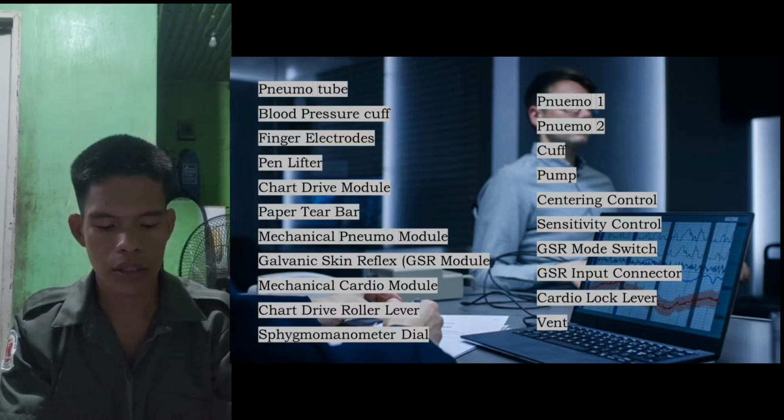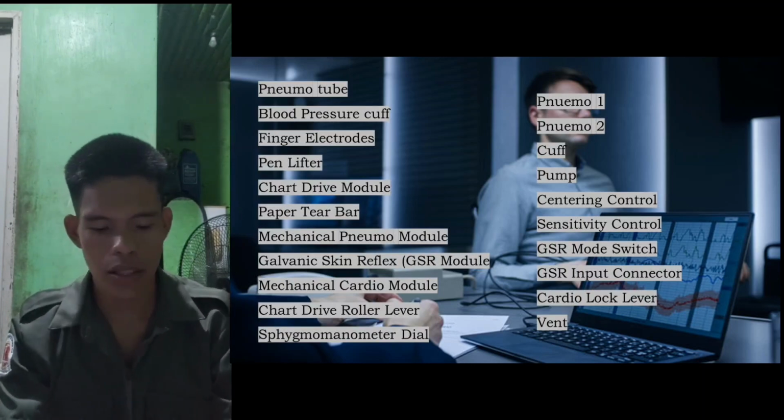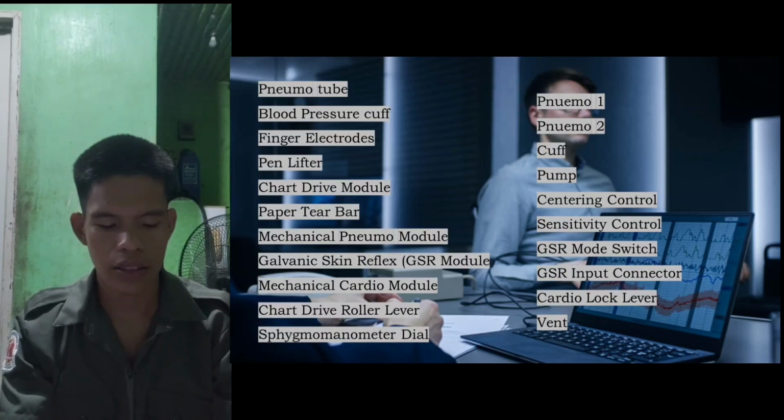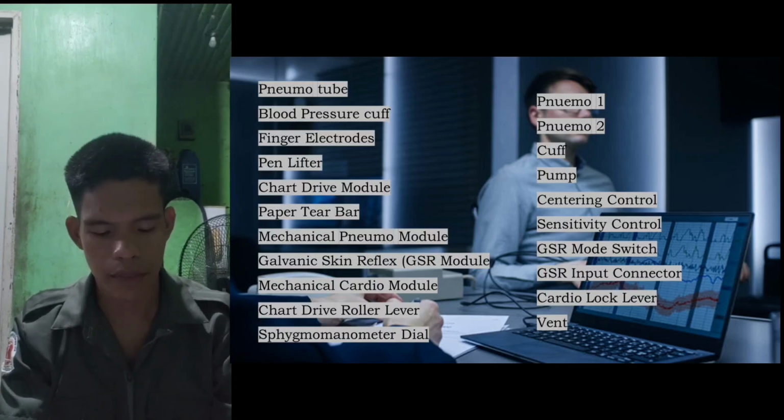Centering control. Positions pen on chart. Rotating clockwise raises the pen while counterclockwise rotation lowers it. Operates similarly on all channels. Sensitivity control. Determines the tracing size, amplitude. Rotating clockwise increases size while counterclockwise rotation decreases size.